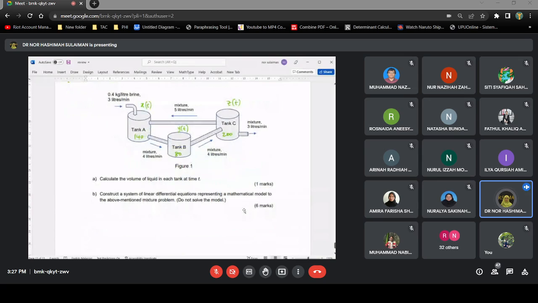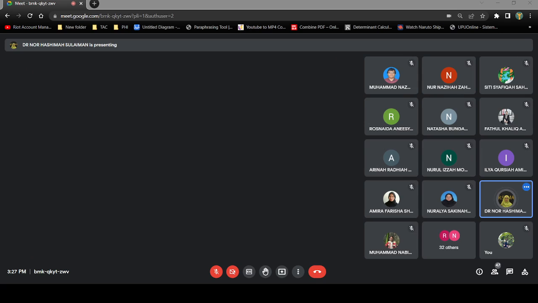Okay, dia masuk begini. Okay, macam mana kita nak selesaikan benda ni? Nak cari, calculate the volume. Dia suruh cari volume. Volume dekat tank A. Okay, so katalah kita namakan dia sebagai A. Apa initial amount dia? 140, betul? Okay, cuba kita tengok dia punya rate in, rate out dia.